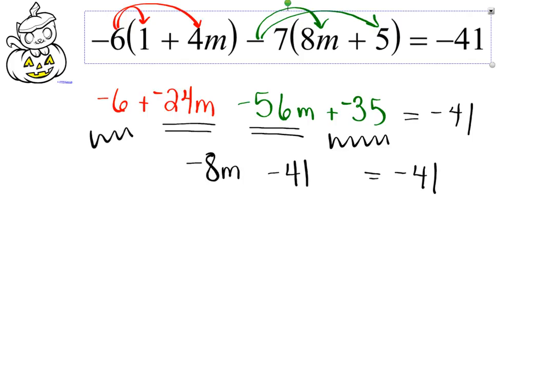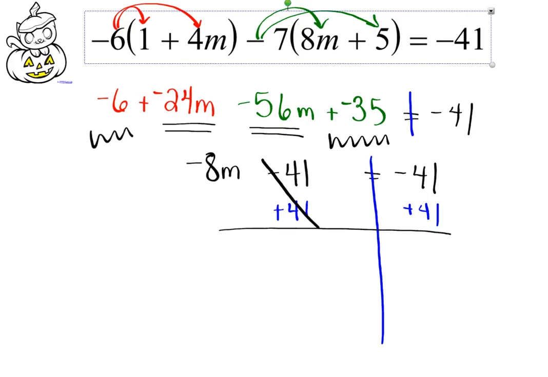Now I'm going to add 41 to both sides, making sure that I know where my equal sign is. So this gives me, those cancel out, negative 8m equals 0.